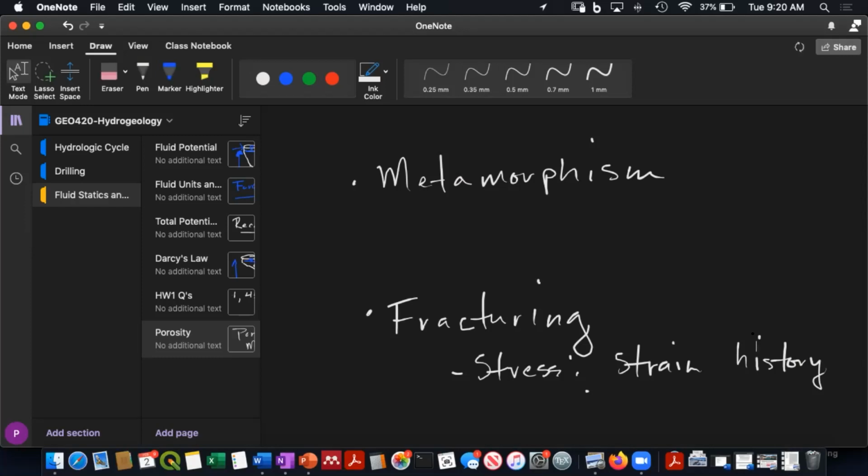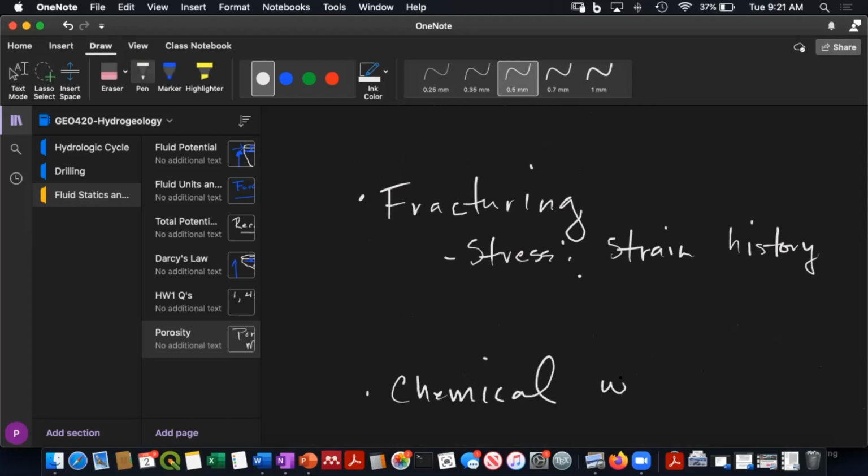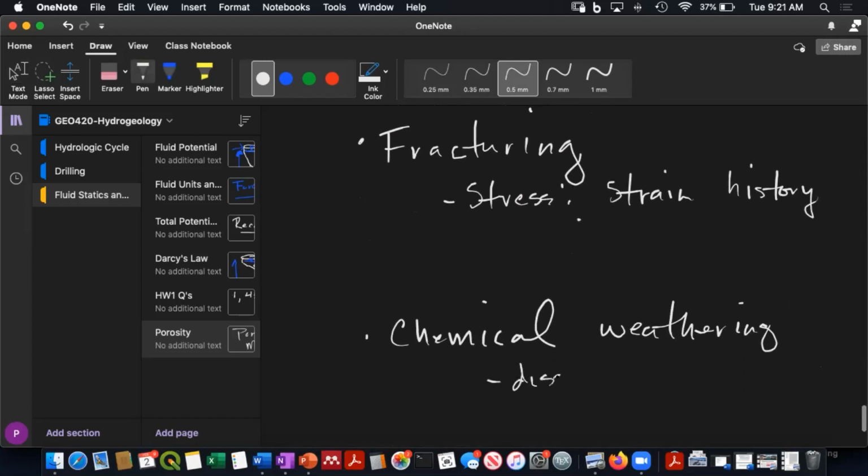Yeah, so weathering, in particular, chemical weathering. Or dissolution of minerals. All right, if I'm dissolving minerals, then I often open up pore space.